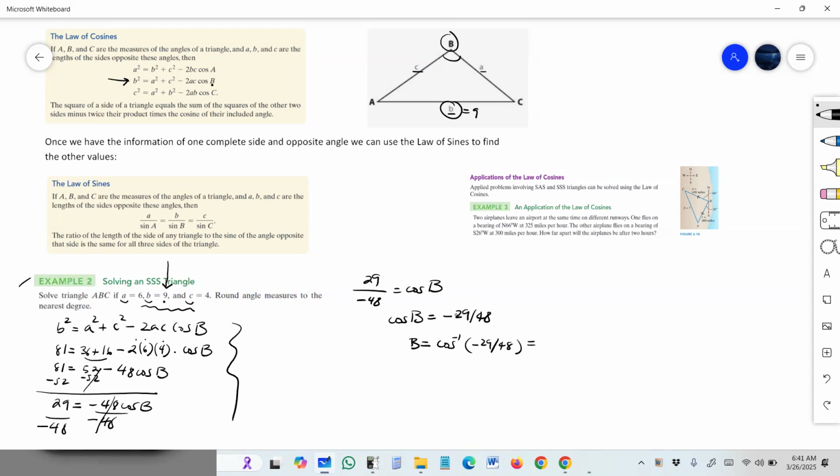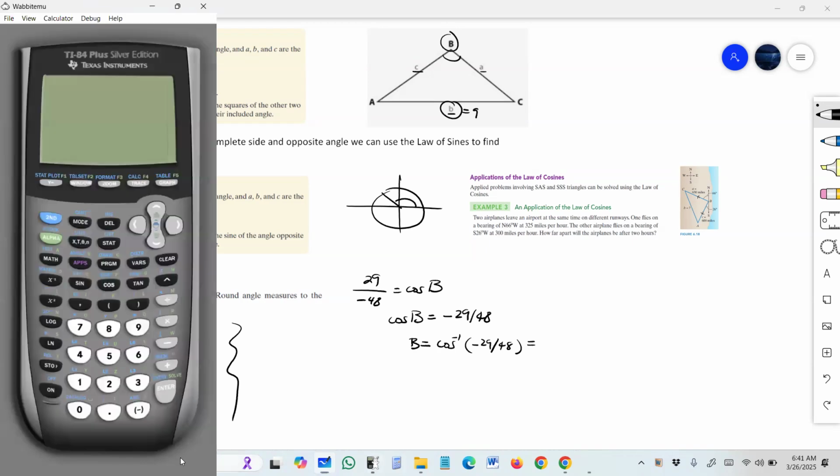Now, you don't need to know, but because cosine is negative, the angle is in the second quadrant. So the angle is going to be bigger than 90 degrees. But you don't need to know that. You just go to the calculator and find the cosine inverse of minus.